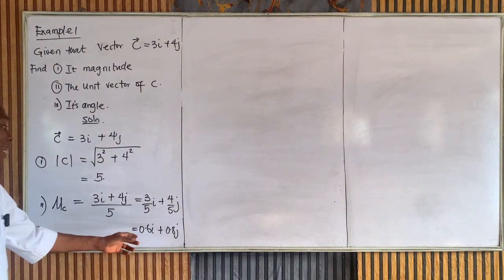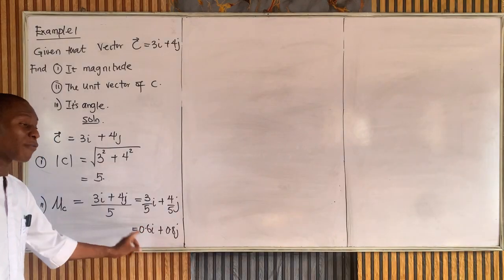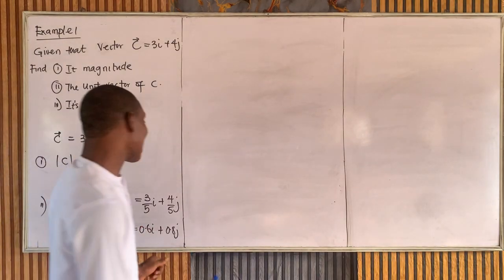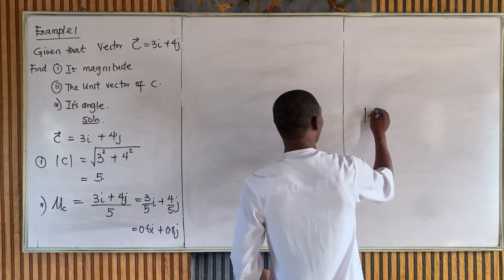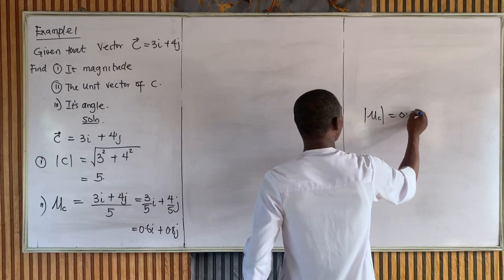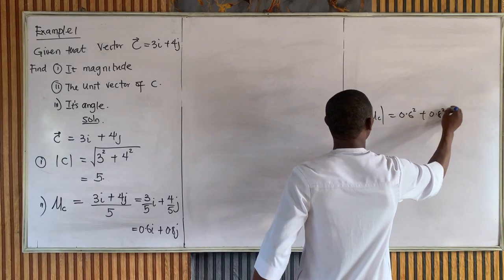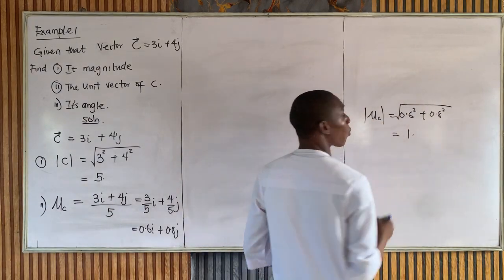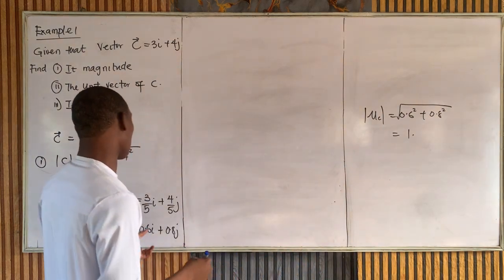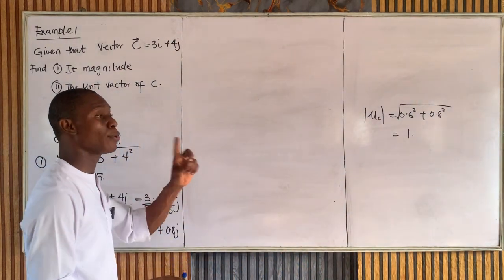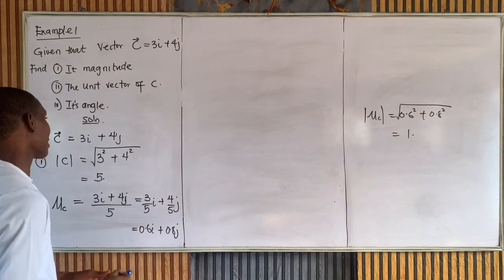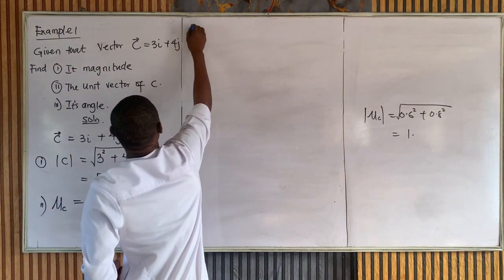Now, if you find the magnitude of this, you will get 1. Meaning that the magnitude of this unit vector C is going to be the square root of 0.6 squared plus 0.8 squared, and that will just give you 1. That's why it is called a unit vector, because the magnitude of the unit vector should give you 1. We're not asked to get that. Lastly is the angle.